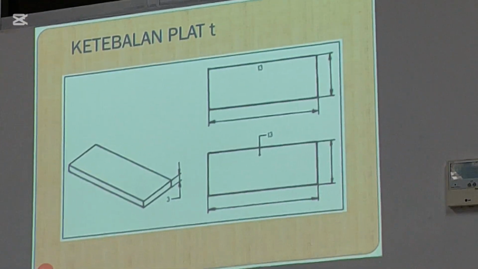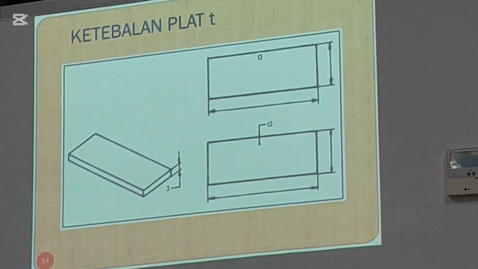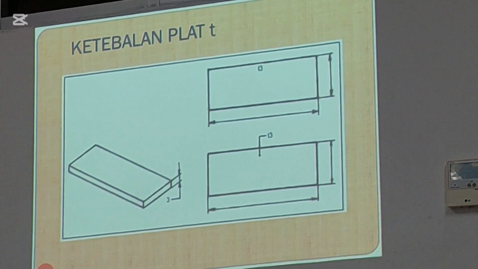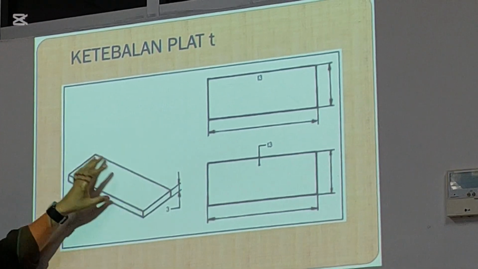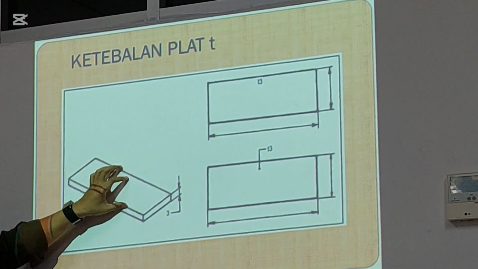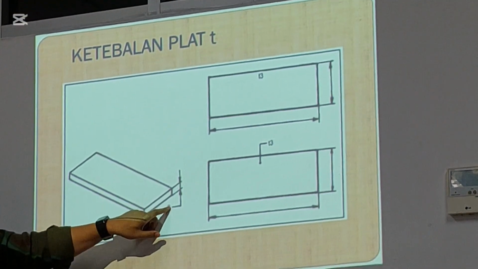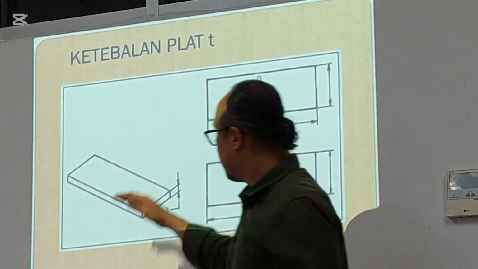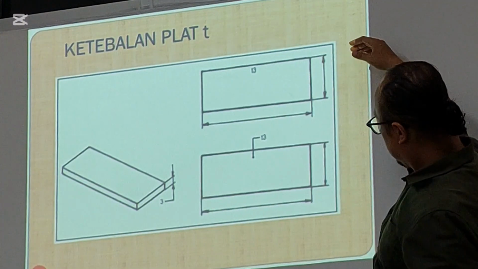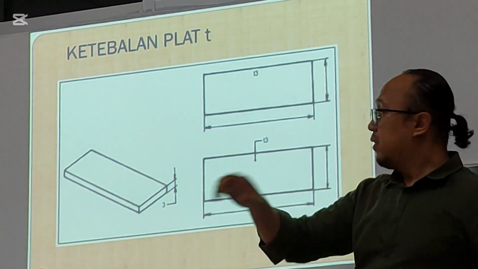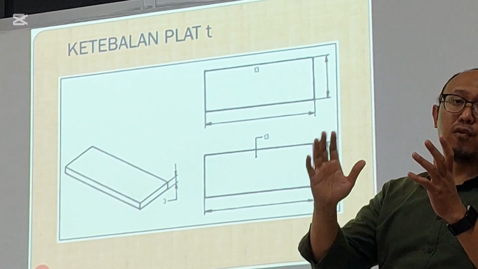And then sometimes we also create a drawing for a thin plate. For example, like this. These boards, these things have a thickness of only 3 millimeter. So when we create a drawing, maybe for this drawing you only need front view only.